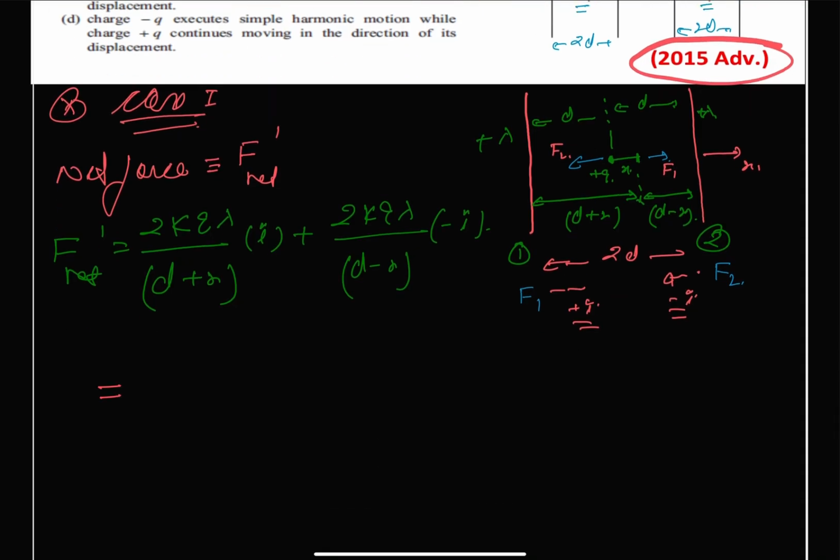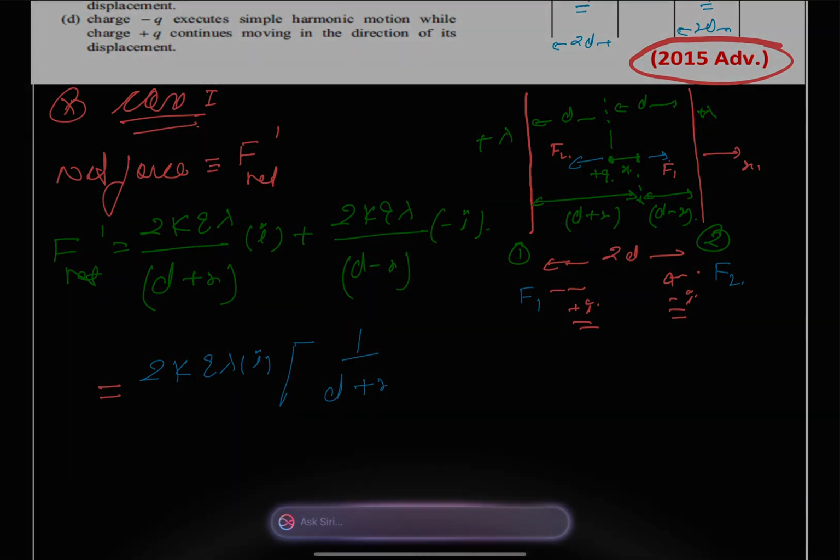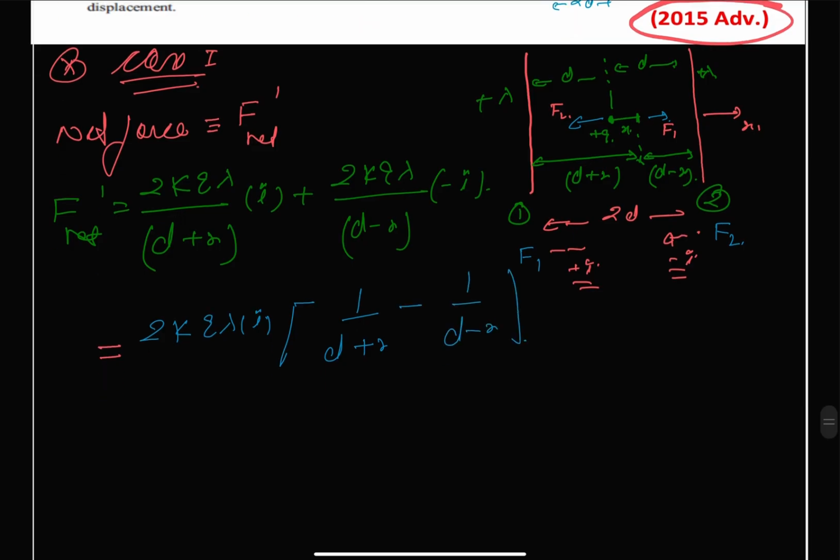So we can write this as equal to, numerator is same, only we are going to write the denominator. This will be 2k q lambda, we can take it as common, so we are left with 1 upon d plus x minus 1 upon d minus x.